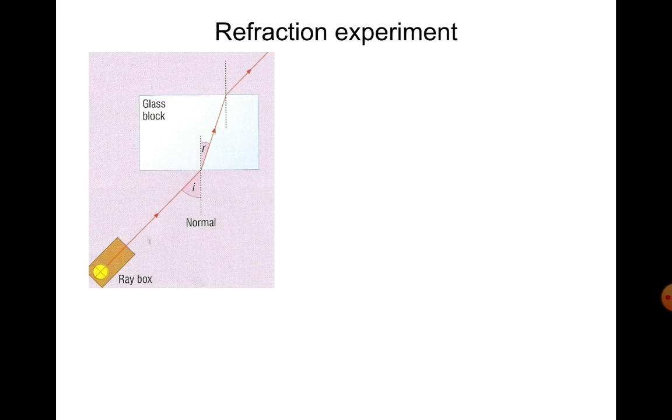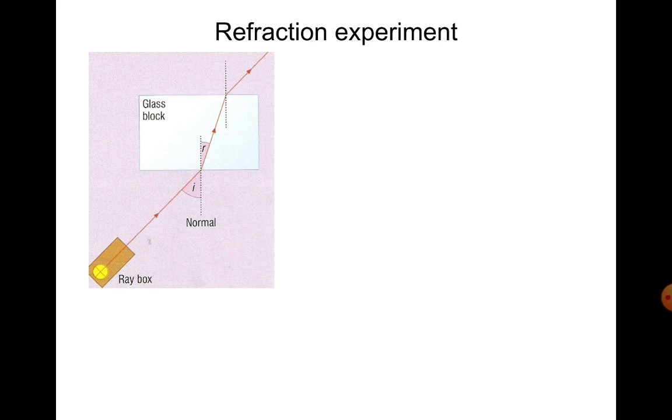Now, you follow the ray, and then you can find the ray of incidence and the ray of refraction. So the angle of incidence is between the ray and the normal, and the angle of refraction is between the normal and the refracted ray.